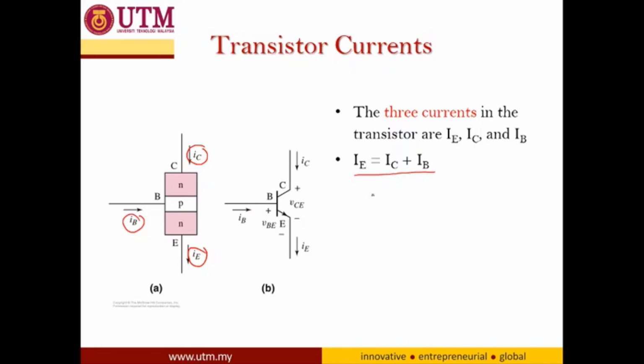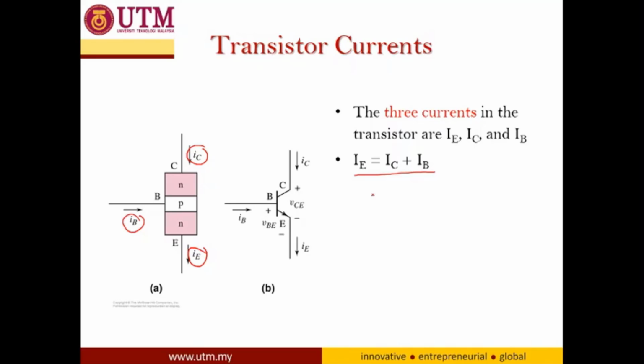If you want to relate this with the operation of the transistor explained in the previous video, you know that the emitter is the one that emits the electrons. So this is the one that produces all the electrons.